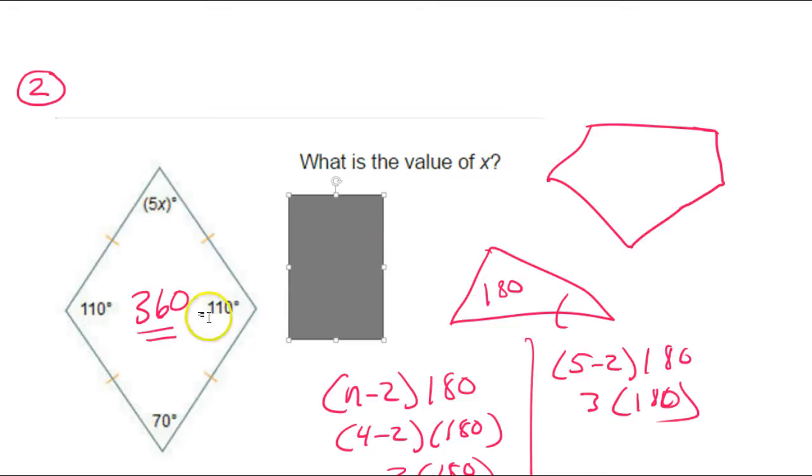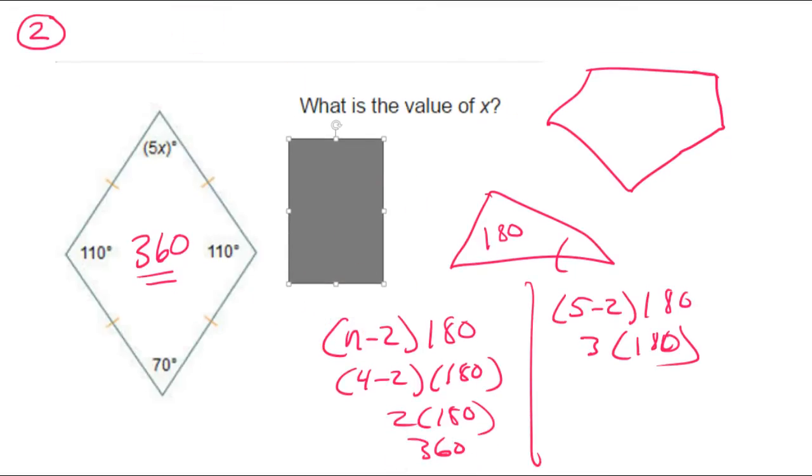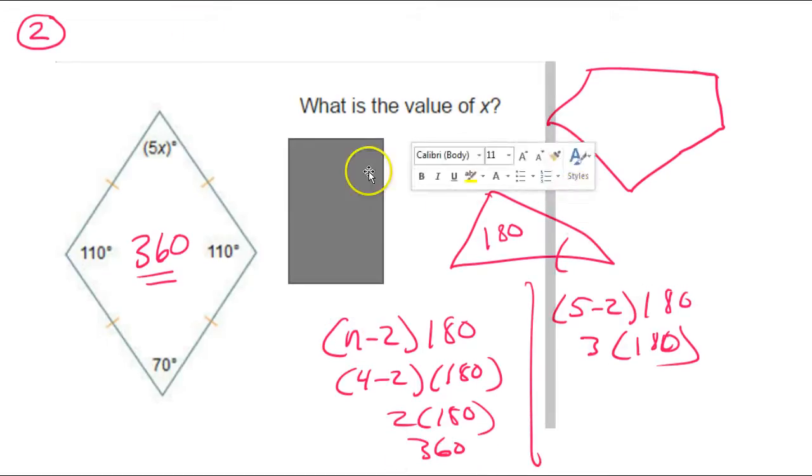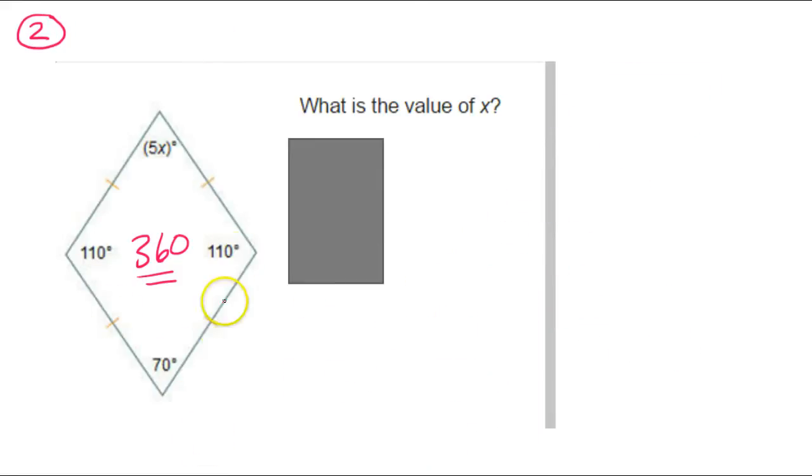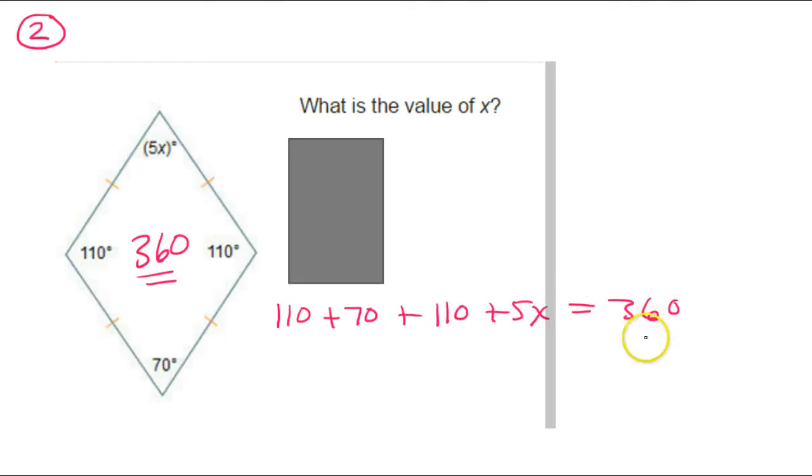But in this case it was 360, so let's stick with that. So that means the total of all these angles should add up to 360. In other words, 110 plus 70 plus another 110 plus 5x should all add up to 360 degrees.